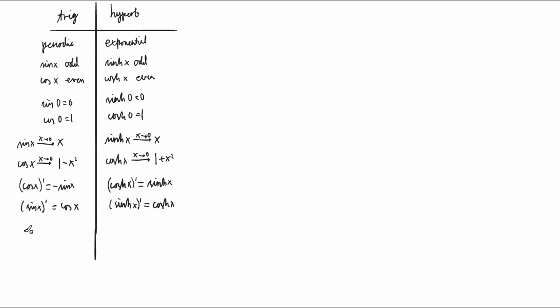Finally, we have this very important identity for the trigonometric functions. It says that cosine squared of x plus sine squared of x equals 1. For the hyperbolic functions, it's a little bit different, and I'm going to calculate it up here. Let's say that I want to calculate cosh squared of x minus sinh squared of x.